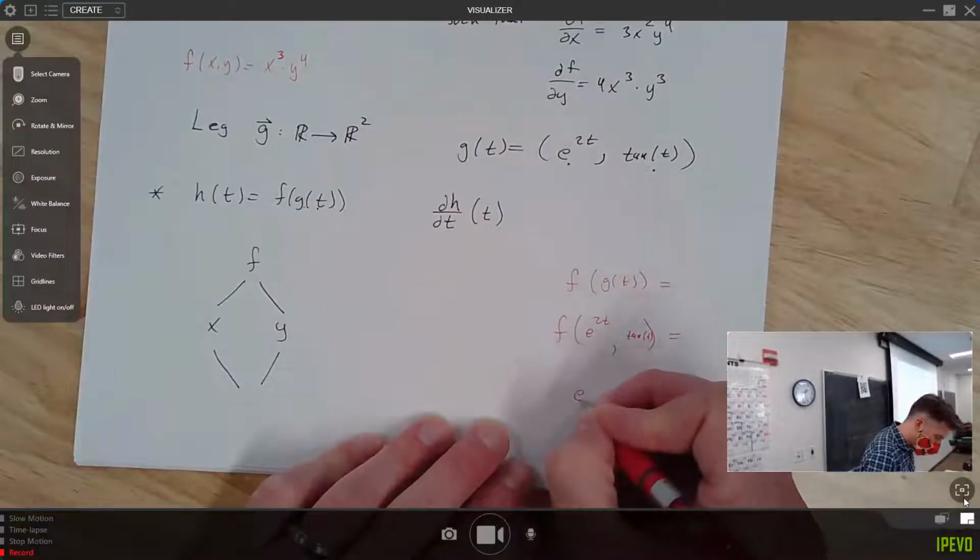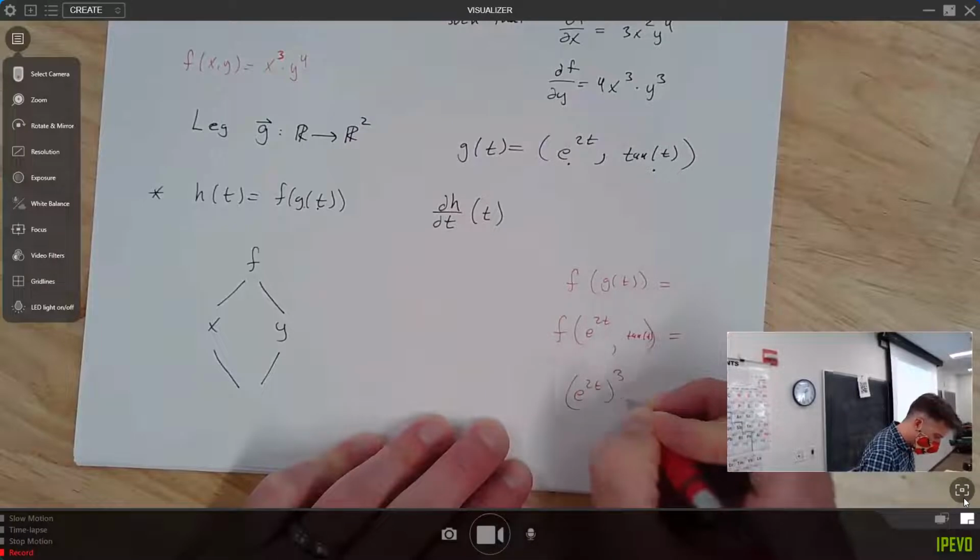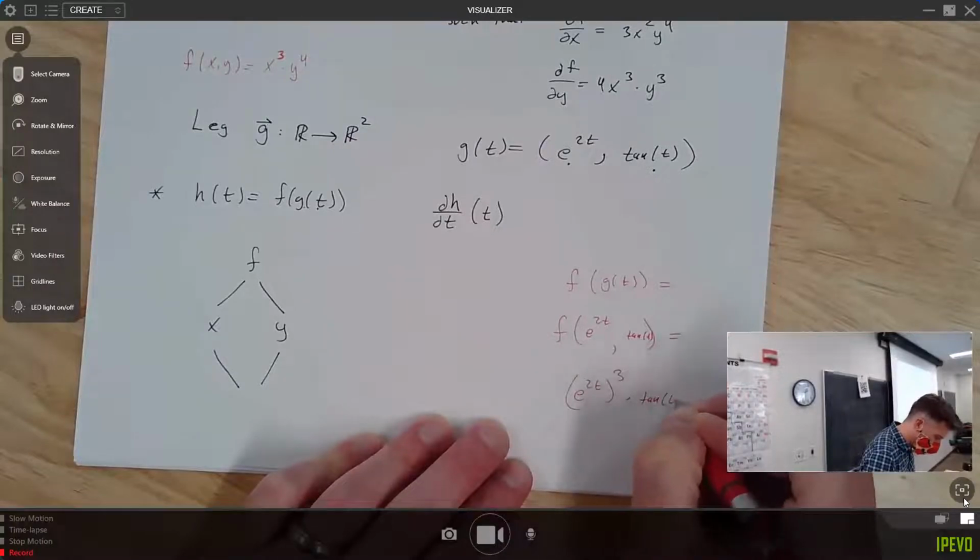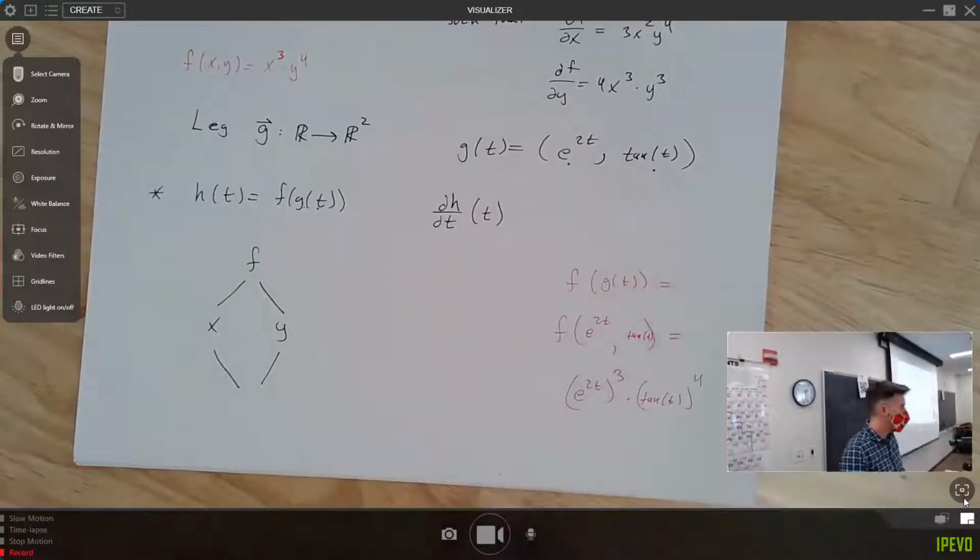It'd be equal to e to the 2t cubed times tangent of t to the 4th. But what's important to see here is that the way we are setting this up means we're saying f is a function of x and y, which are both functions of t, so that we're really writing f as a function of t, or h as a function of t.